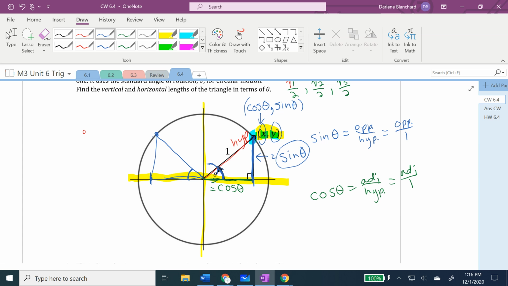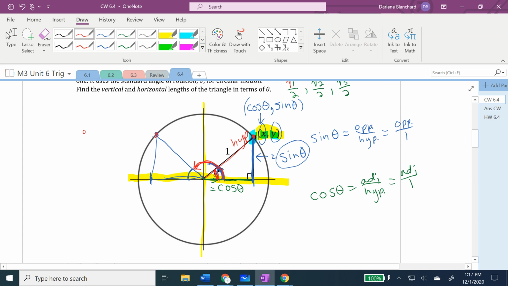And this happens to work for any angle that I go around. When I look at an angle that is bigger than 90 degrees and stops here, if that has the same y level as the point over here, then this angle and this angle have the same value of sine.